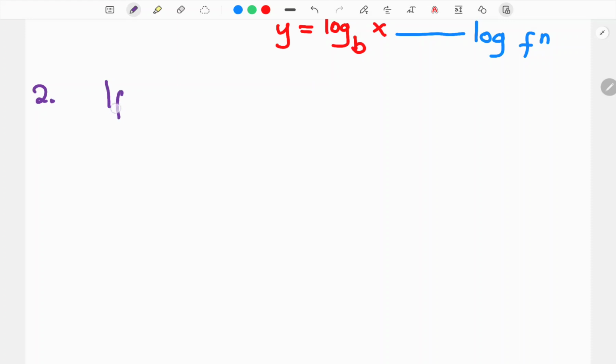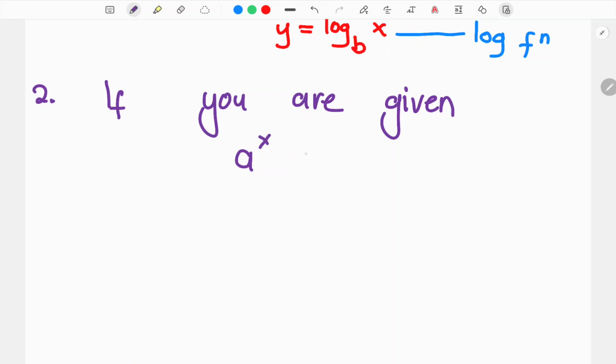Number 2: if you are given a to the power of x equals a to the power of y, the two bases are the same, but the exponents are different.